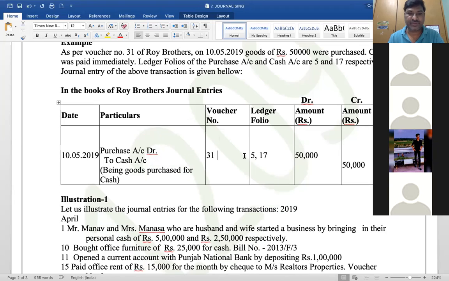Against purchase, 50,000 should be written. Against cash, 50,000 should be written. Against purchase in the debit, 50,000. Against cash in the credit, 50,000 should be written. Look at this one. Against this cash, 50,000 should be written here.